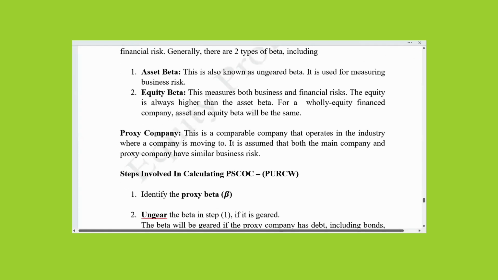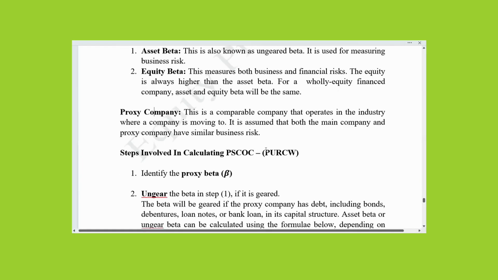We said a proxy company is a comparable company that operates in the industry where a company is moving into. The assumption usually is that both the main company and the comparable company have similar business risk, and that's why you are borrowing the beta of a proxy company.